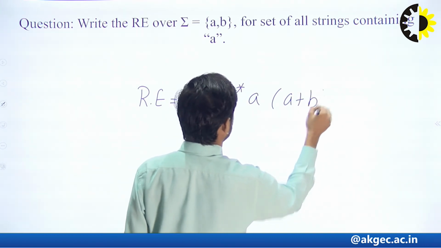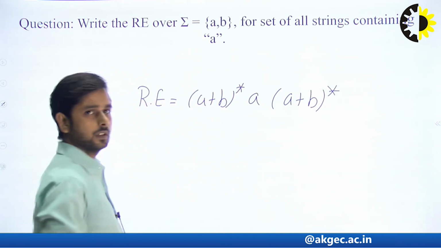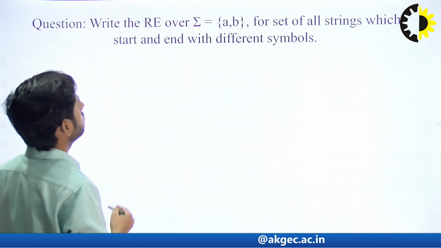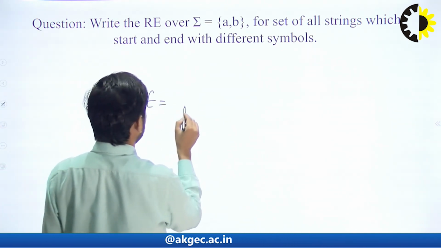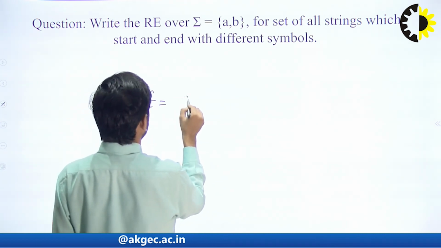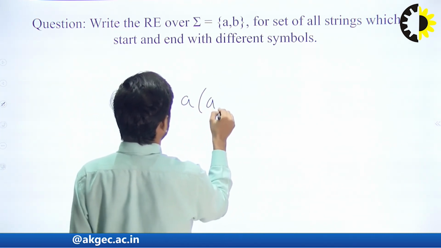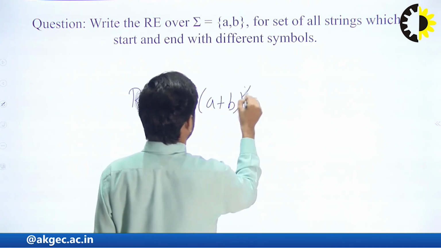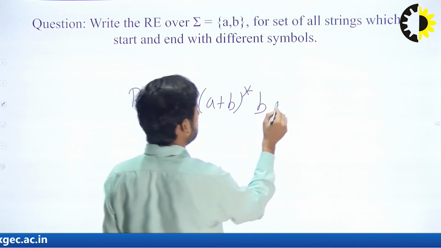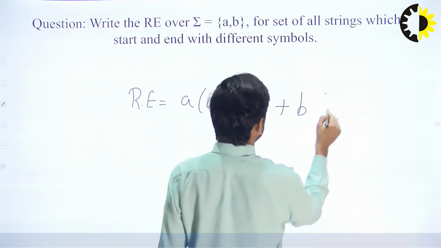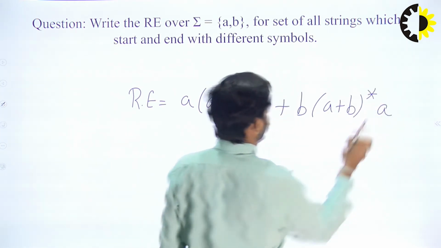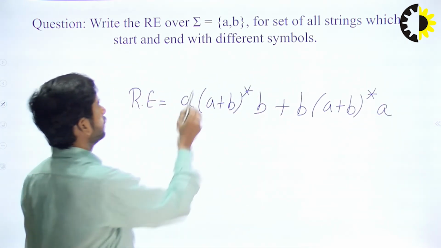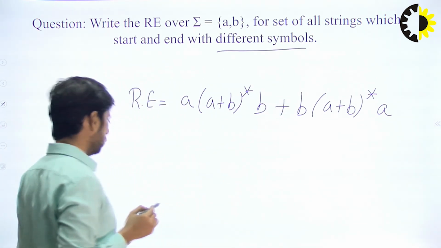Okay, this is containing a. Set start and end with different symbol. So it contains a(a+b)*b, start with a, end with b, and start with b, end with a. So this is the regular expression that start and end with different symbols.